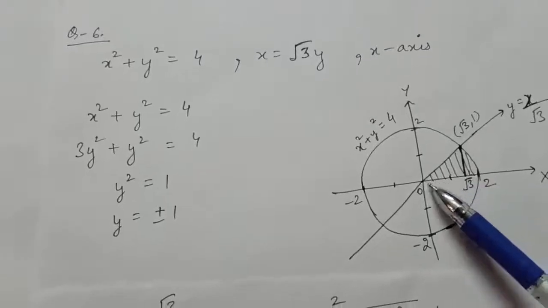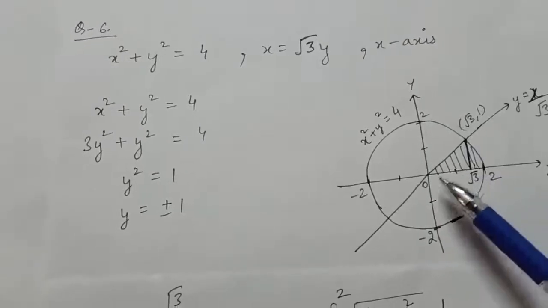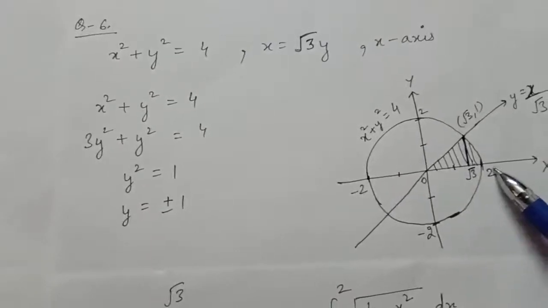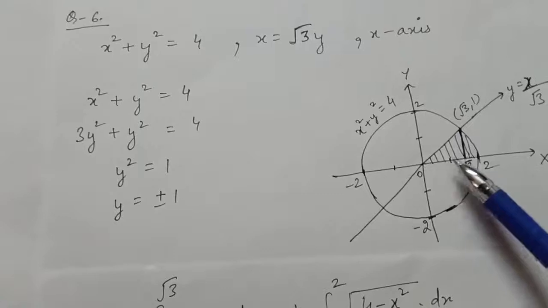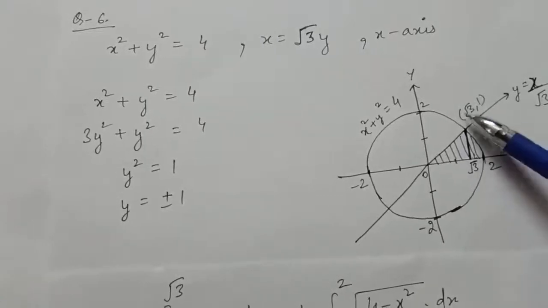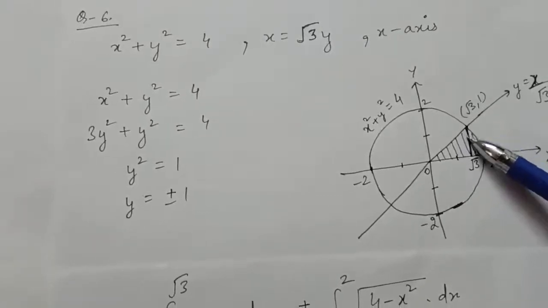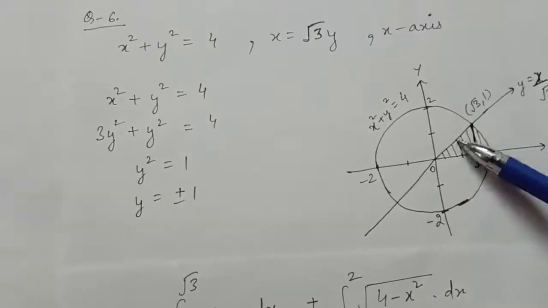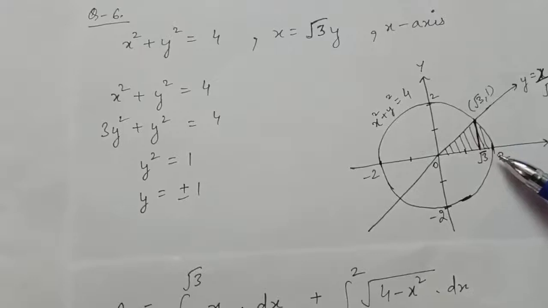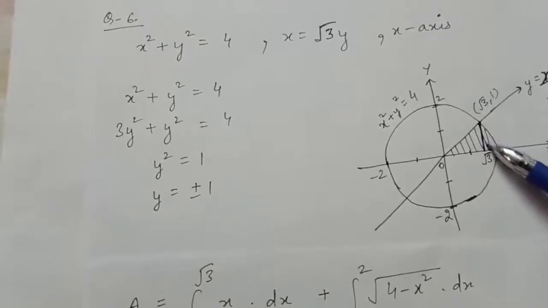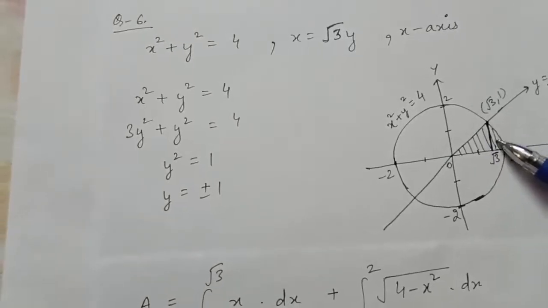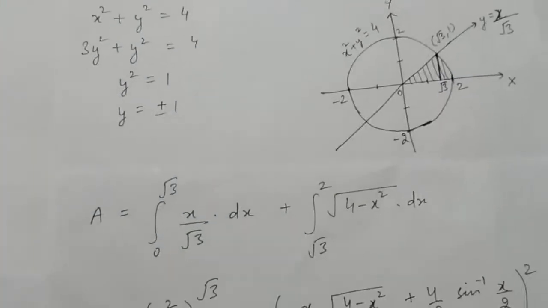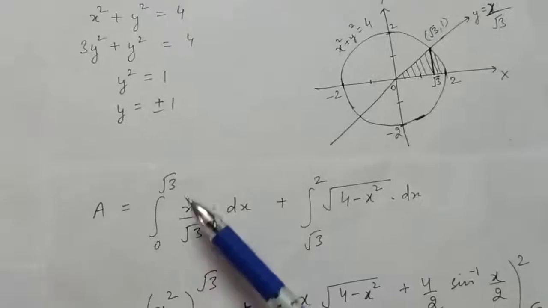Now see, to find this shaded portion, we will take the limits from the x-axis, which is from 0 to 2. But see, from 0 to root 3, this is the point of intersection. From 0 to root 3, you can see the area lies below the line, and from root 3 to 2, the area lies below the circle, right? So the area will be from the limit 0 to root 3.